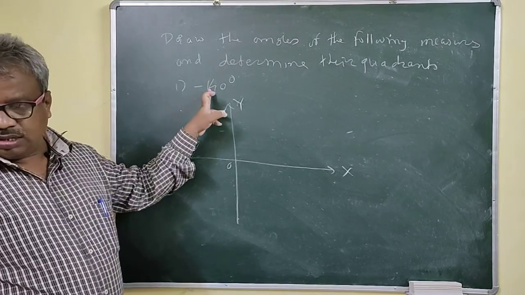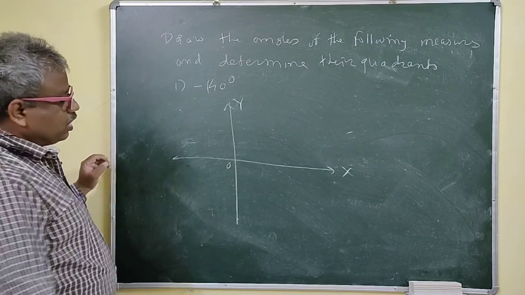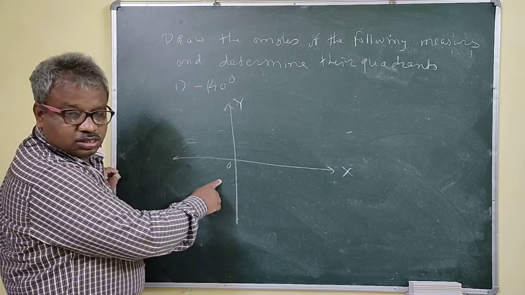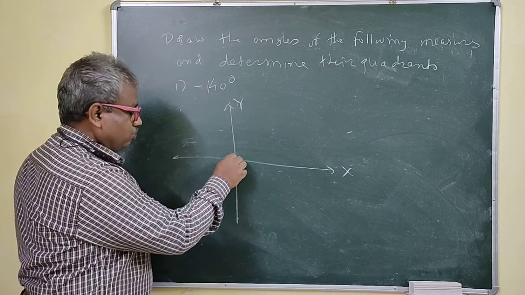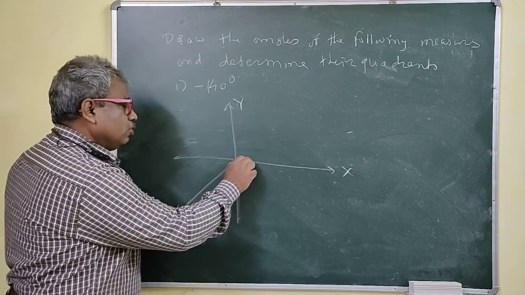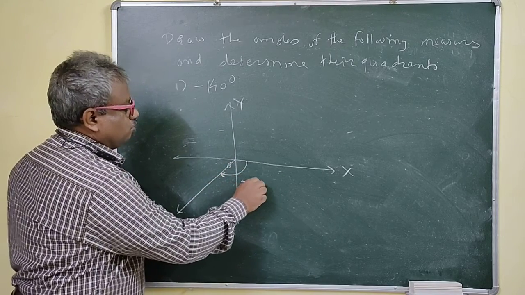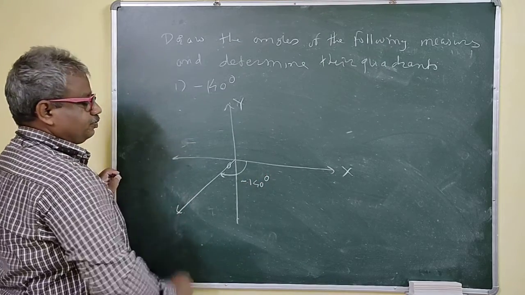Minus 140 degree. Measurement is negative. So this is 90, after that 50 degree, right? So the angle will be here. Your directed angle is this, minus 140 degree.